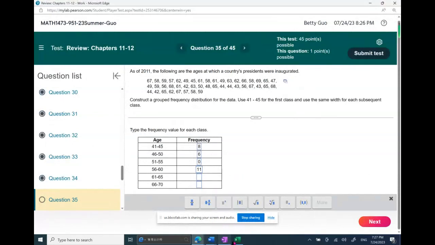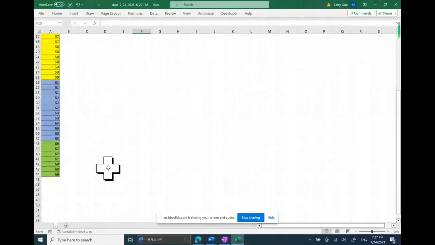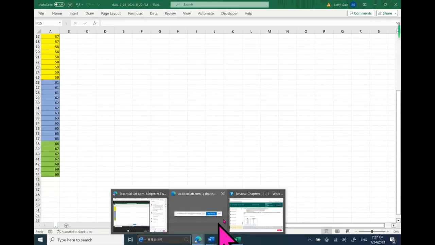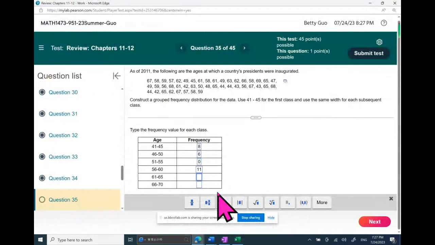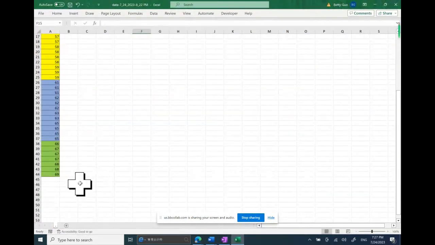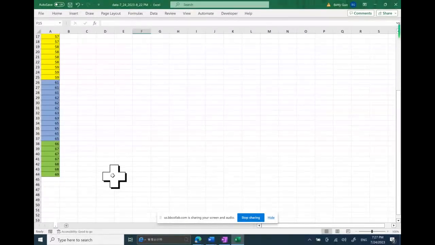And then 61 to 65, we use 37 minus 25. That gives us 12. Yep, 12. Last class, the green one, 1, 2, 3, 1, 2, 3, 7. So 44 minus 37 is 7.